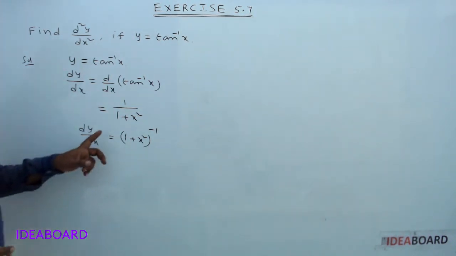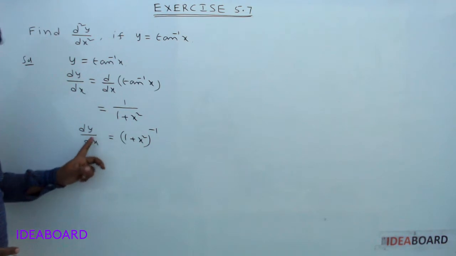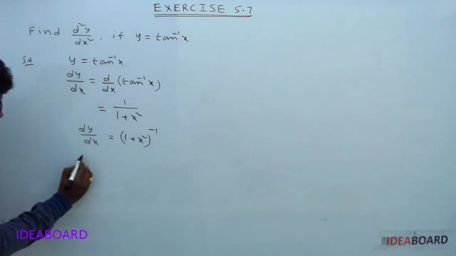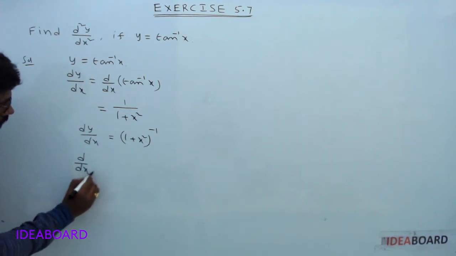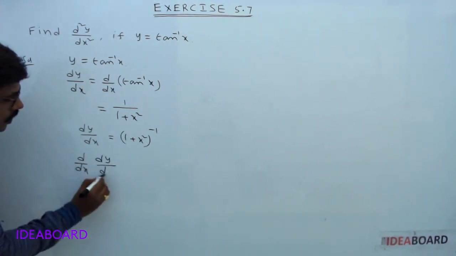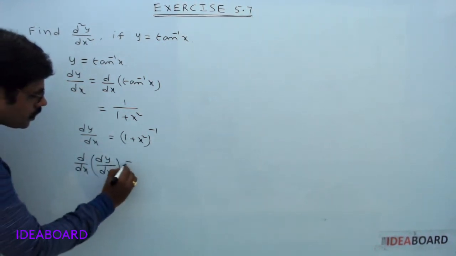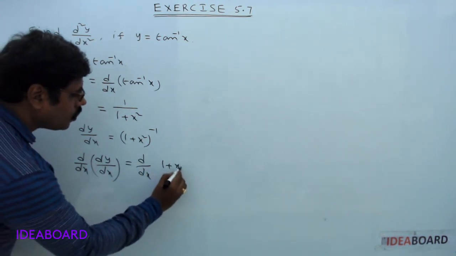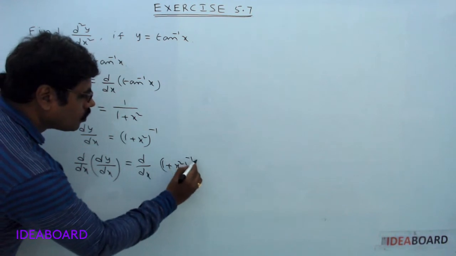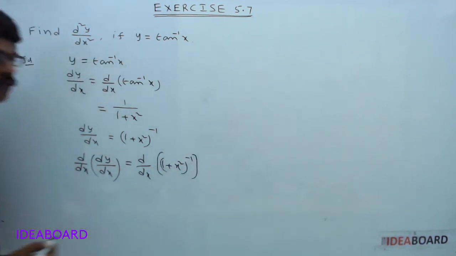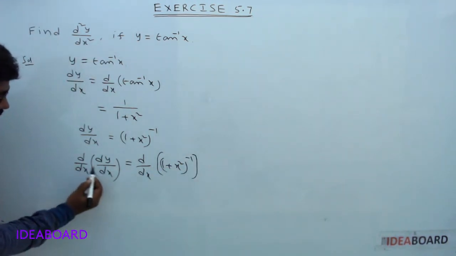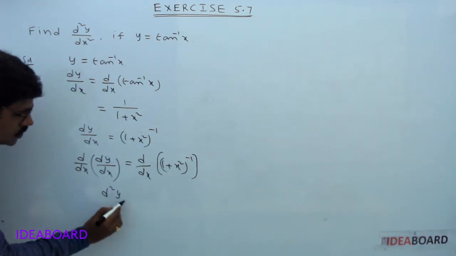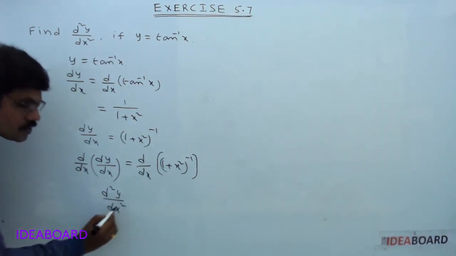Now again differentiate this equation on both sides with respect to x. So it is d by dx of dy by dx, which equals d by dx of (1 plus x square) whole power minus 1. Now d by dx of dy by dx is the same as d square y by dx square.